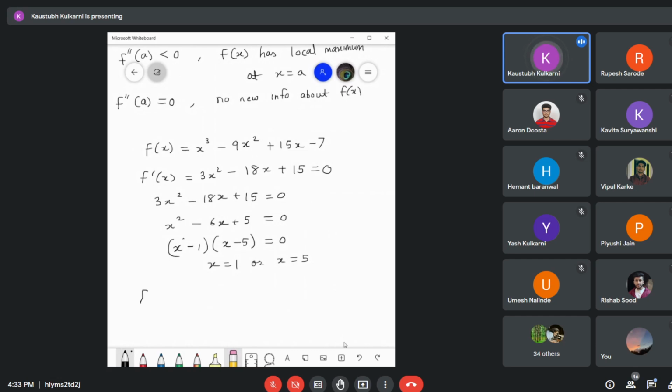Now let's find the second derivative. F double dash of x is 6x minus 18. Now at x equal to 1, it is 6 minus 18, which is minus 12.